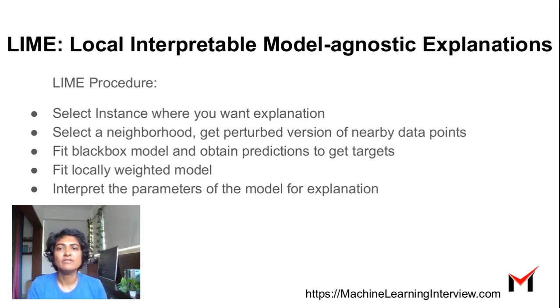Now we have a small neighborhood data set. We use the black box model to obtain predictions for these points to get target labels for these data points. Now we fit a locally weighted model with the appropriate regularizer, and then we interpret the parameters of the local model for explanation.